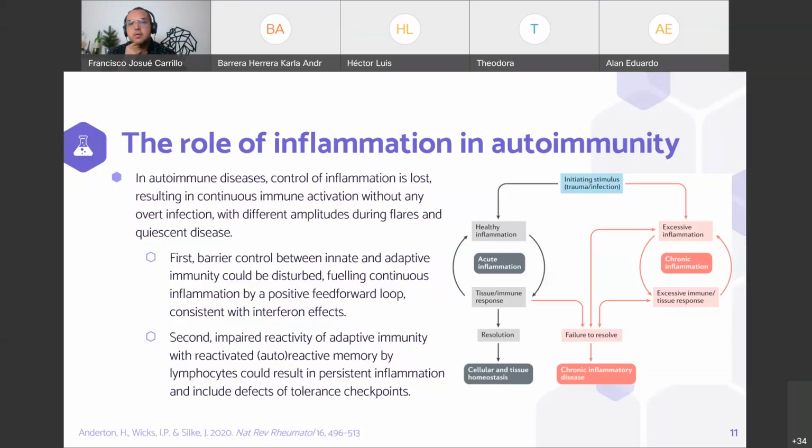The second model, or hypothesis, is that there is an impaired reactivity of adaptive immunity, with reactivation of autoreactive cells that could result in persistent inflammation and clear defects in the tolerance checkpoints. These two models are not mutually exclusive. I think they may be complementary, and in the context of many autoimmune diseases, we can say this is true for both models.